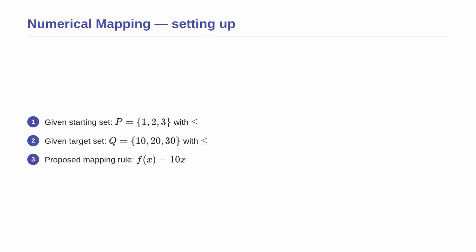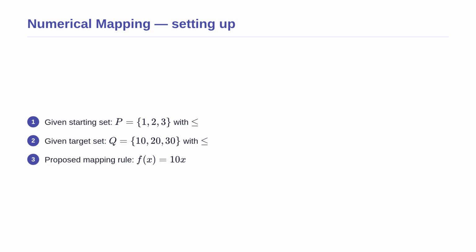Before we move on, let us see this with a concrete example. We are given a starting set P containing the numbers 1, 2, and 3, which uses the standard less than or equal to rule. We are also given a target set Q containing 10, 20, and 30 using the exact same standard rule.